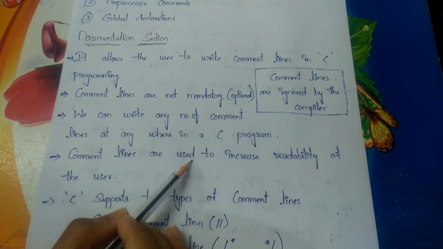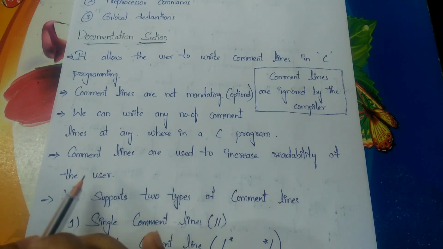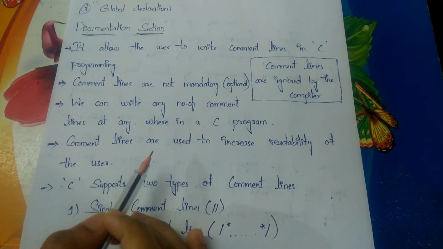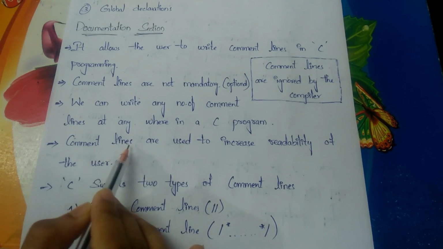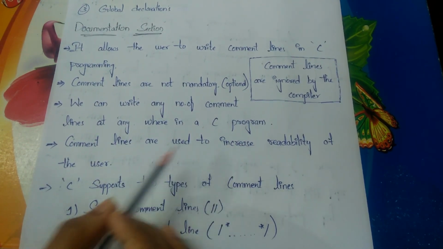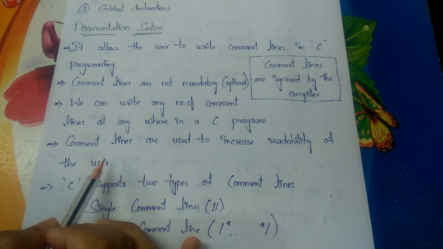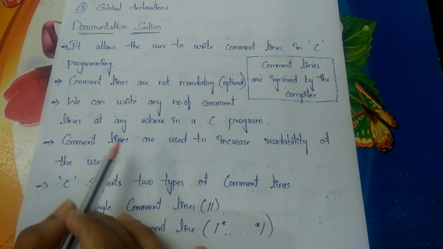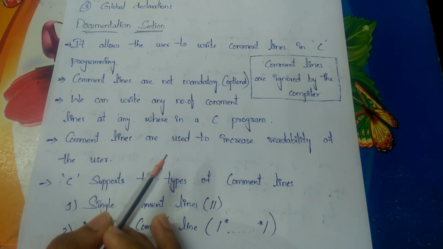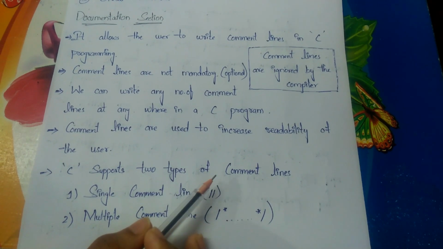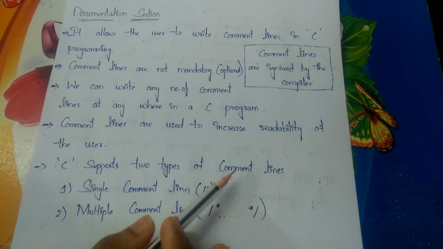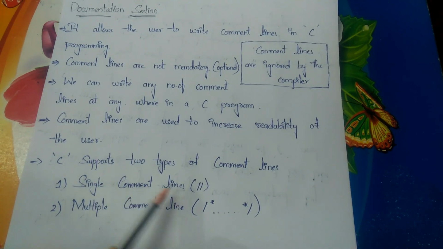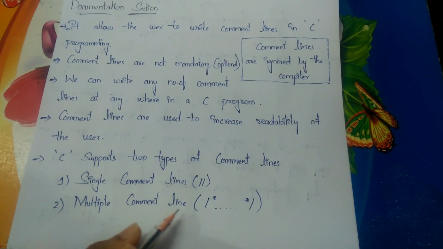Comment lines are used to increase the readability for the user. They are ignored by the compiler, and by using these comment lines, the user can understand the program more clearly. C supports two types of comment lines: single comment line and multiple comment line.